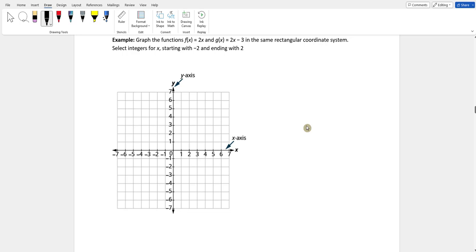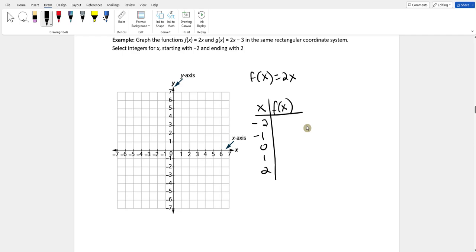So the first graph I'm going to do is x, f of x. Okay, so don't forget f of x is equal to 2x. So we're going to start with -2 and we're going to go to 2. So we're going to have -2, -1, 0, 1, 2. So I just do a table of values.